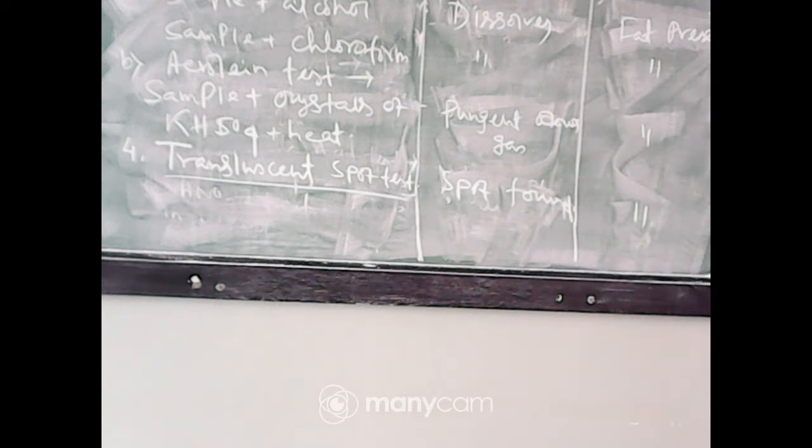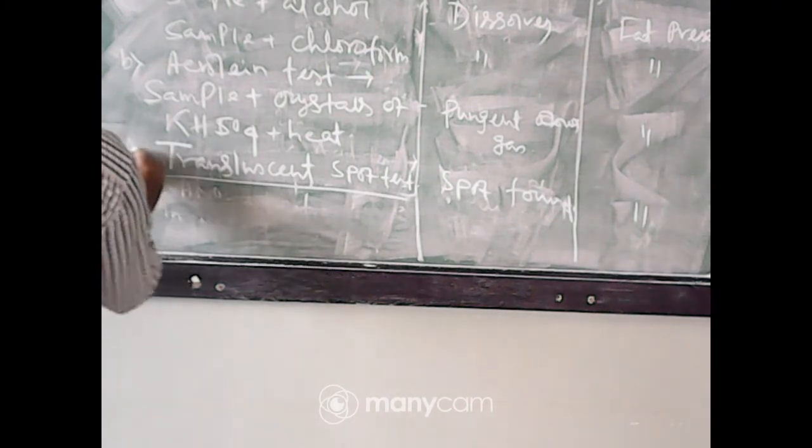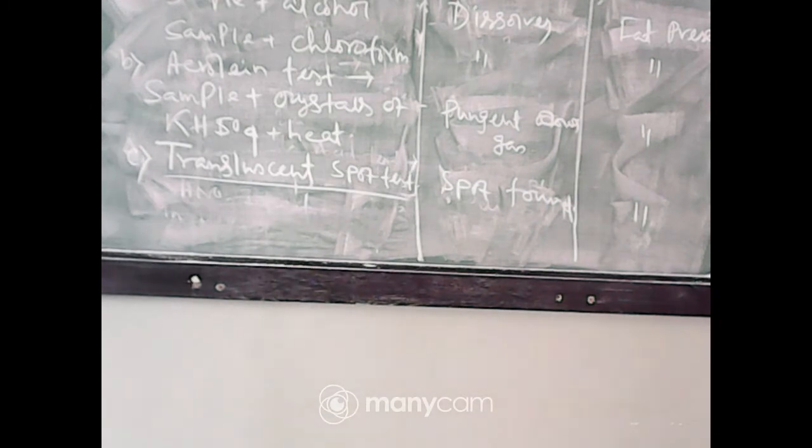It is not 4, it is just 3A, B, C. This is the C. Clear? Complete this one. Then I will show you the test for aldehyde and also the protein.